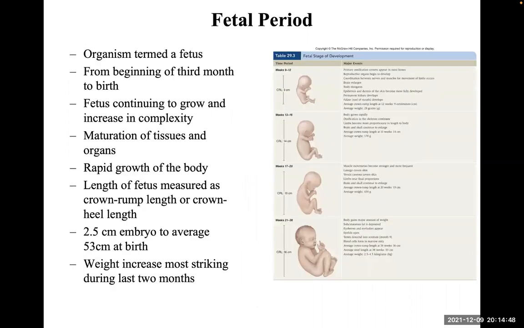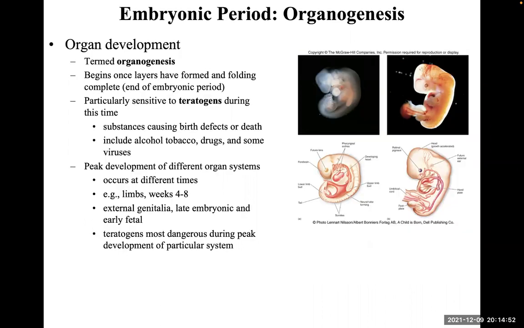Right. And so again, that kind of concludes week 8. So by week 8, let me back up 1 second. At week 8, we have a structure that looks roughly like this with all of the rudimentary organs in place. We have differentiation into the head and the tail region, if you will.